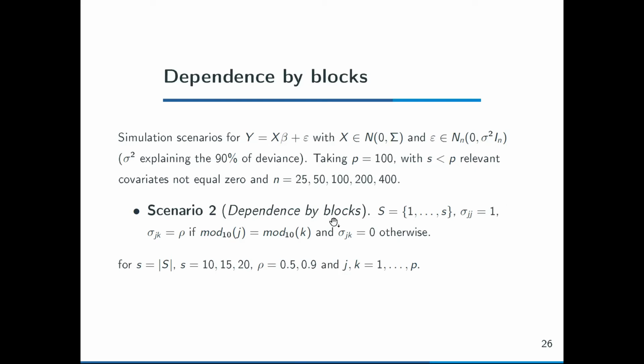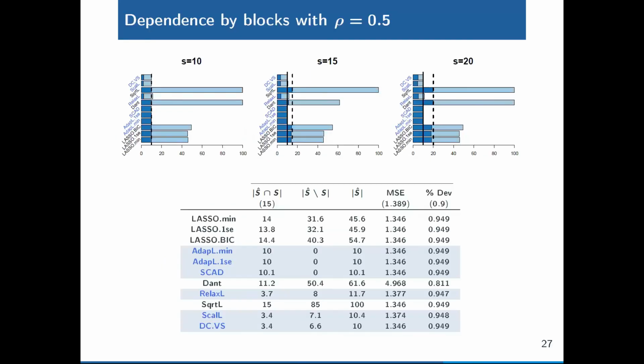I mean that if two locations are equal modulo 10, they are going to take the correlation value rho, with rho taking the values 0.5 and 0.9. Again, we assume that the relevant covariates are in the S first locations, and S takes again the values 10, 15, and 20.